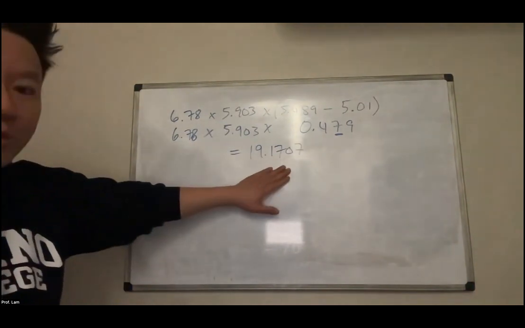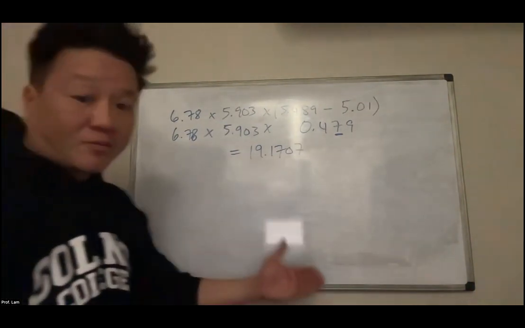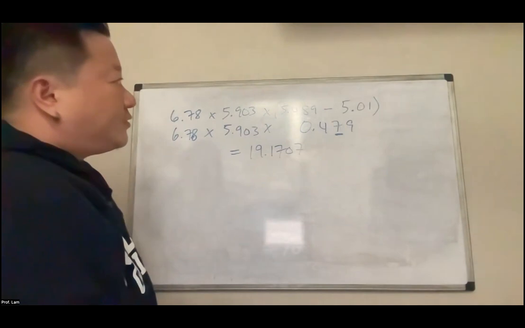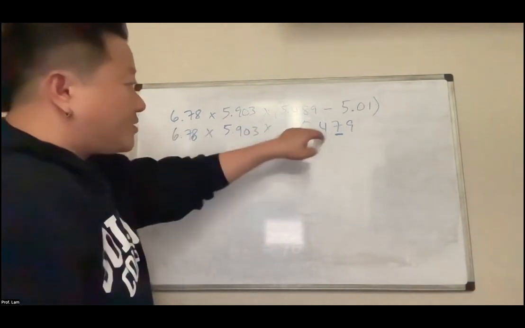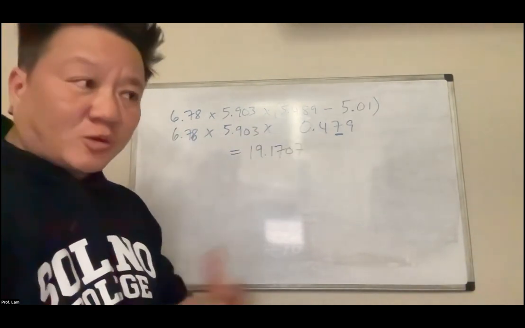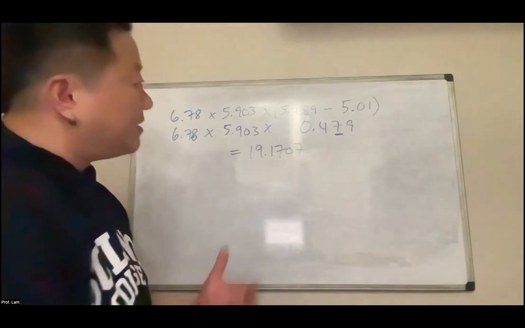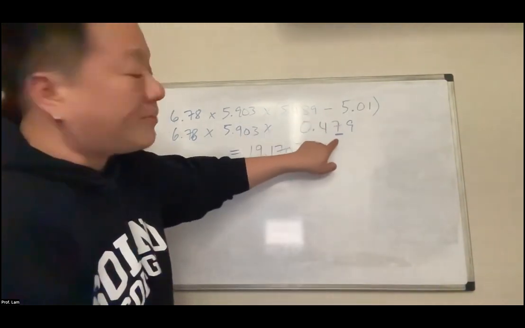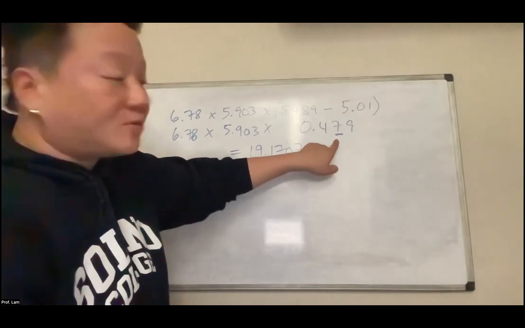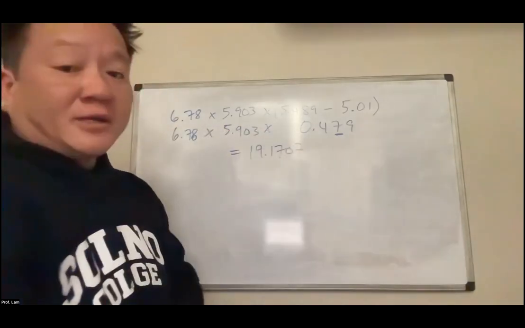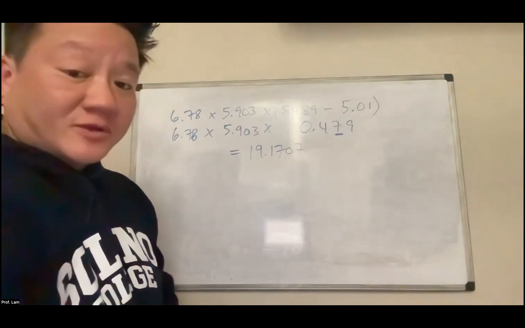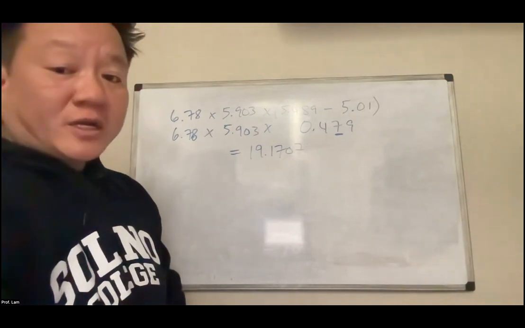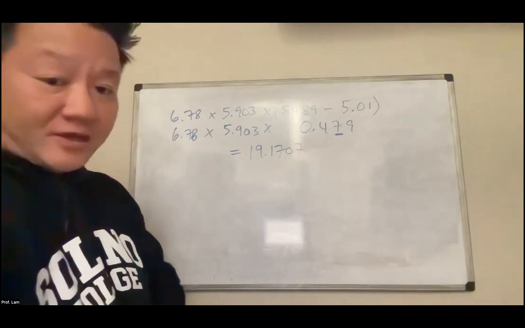At this point is when we can round because we are done with the problem, right? So the operation we just did is multiplication. So we apply that rule. So you guys see, we apply rules as we go along. Since we're subtracting, earlier we applied the subtraction addition rule. Now we're multiplying. So we're going to apply the multiplication division rule, which says we're going to go by the fewest sig figs.